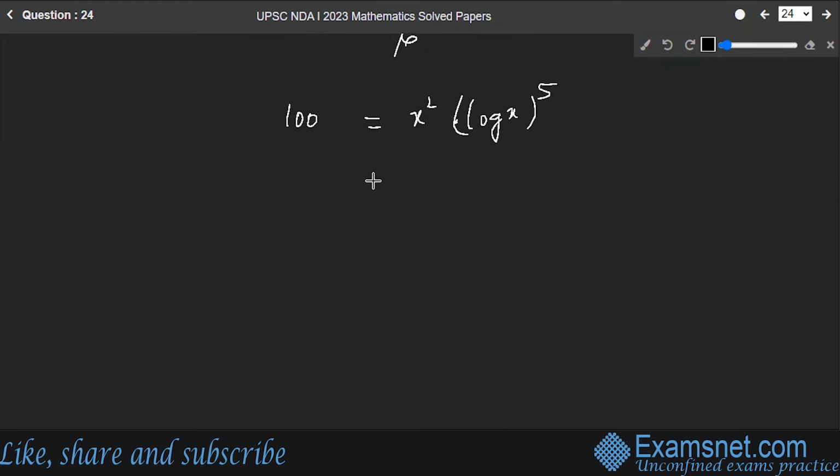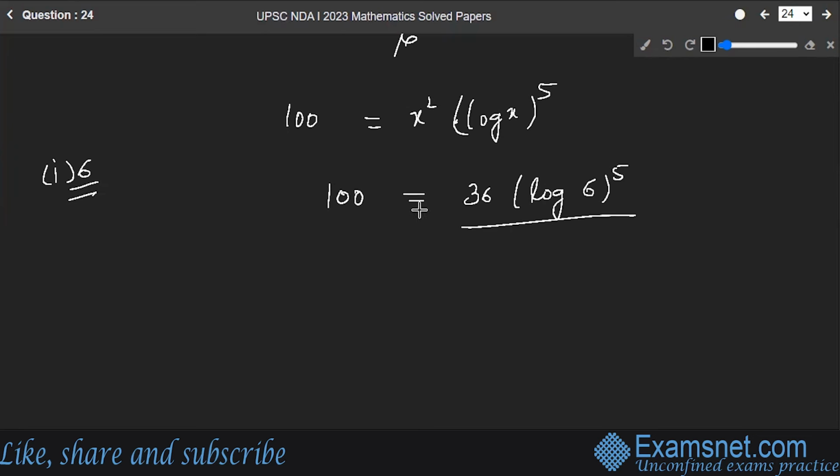See, if I'm taking 6, let's try option 1. If I'm taking x is equal to 6, then 100 should be equal to 36 log of 6 raised to power 5. Definitely this is going to be less than 100 because log of 6 is less than 1. Then definitely this whole term is going to be less than 100. That means this is incorrect.